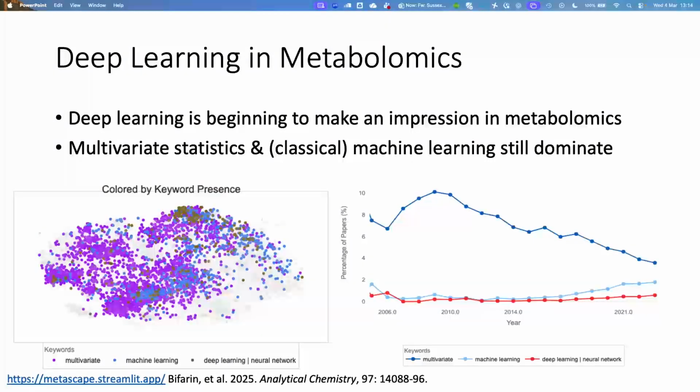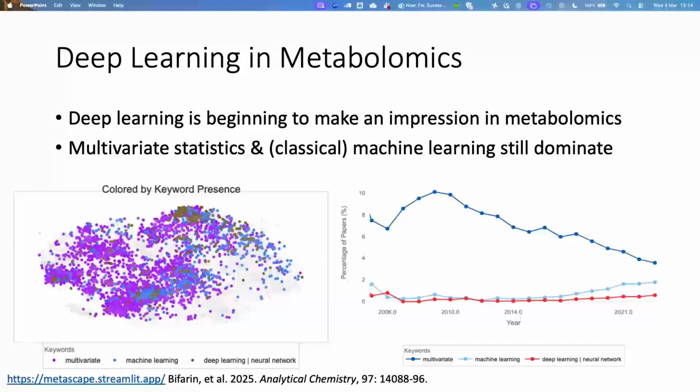So I had a look to see what people have been doing in metabolomics with deep learning. This is an embedding of lots of different publications from the metabolomics field, colored by the different types of statistical and machine learning approaches being used. The pink ones here are multivariate statistics. Blue is machine learning, and brown is where you've got deep learning or neural nets.